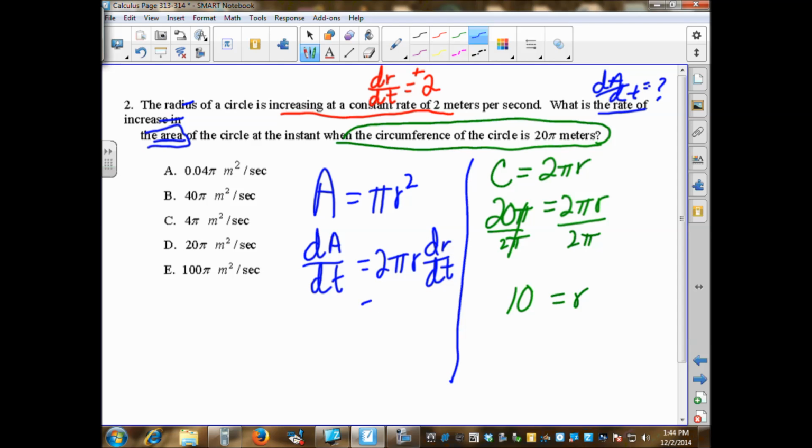We're looking for dA dt. We have 2 pi. We found out that radius was 10, and dr dt was 2. Okay, so 2 times 10 is 20, times 2 is 40 pi. So our answer would be 40 pi meters squared per second.